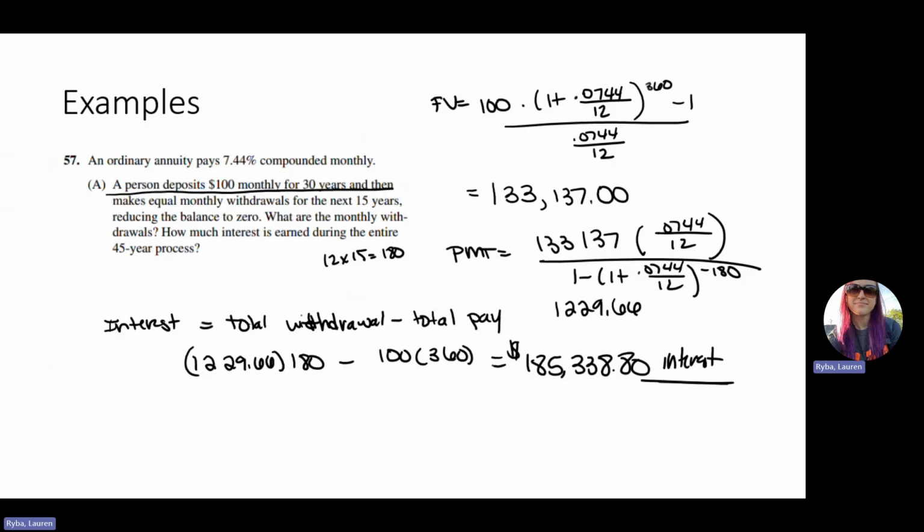You only put $36,000 into your account. This right here was the 36,000. And I ended up with $338.80 worth of money in the end. So let's see.